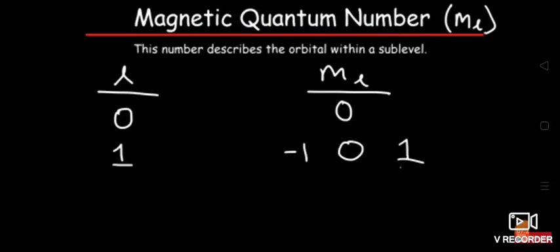So all the negative integers and the positive integers along with 0 give the magnetic quantum number. If L is equal to 2, how many ML values will there be? -2, -1, 0, 1, 2.